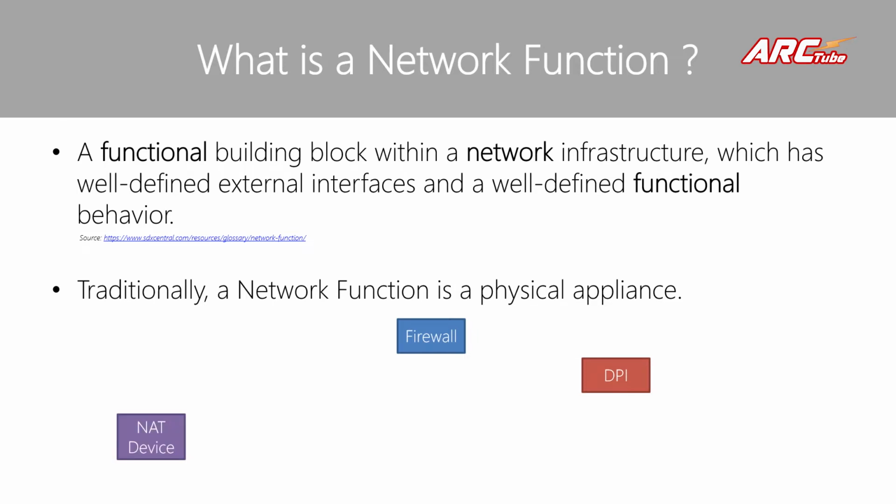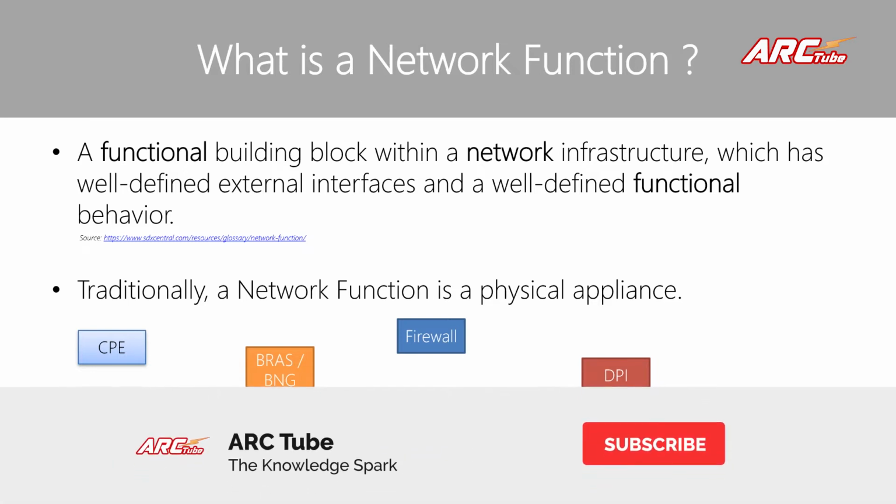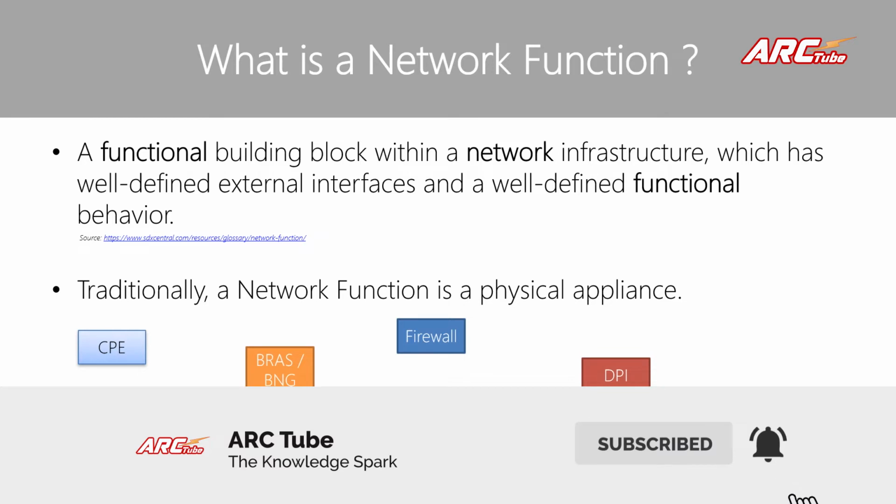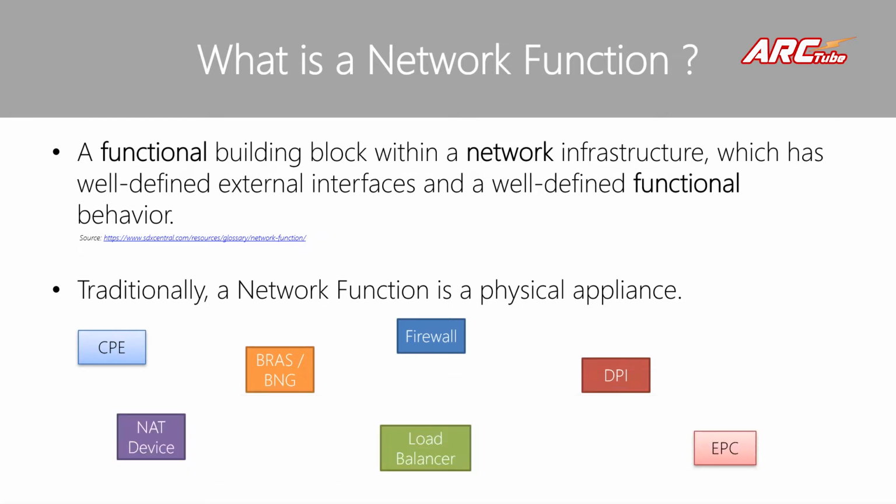And we can go on discovering these devices, for example, a network address translation device or a NAT device, and then a load balancer to load balance traffic, and then a customer premises equipment or a CPE. If you take a telecom infrastructure, you have broadband remote access servers or broadband network gateways, and then in a 4G network we have evolved packet cores, and also in a voice network or a multimedia network we have IP multimedia subsystem or IMS.